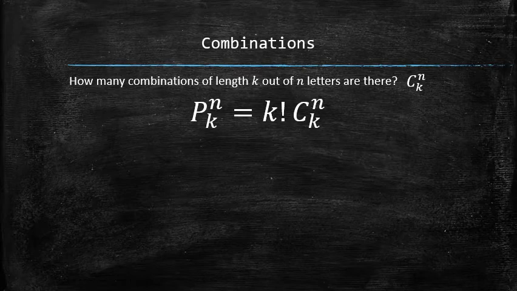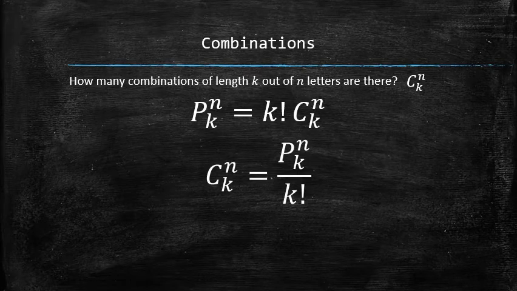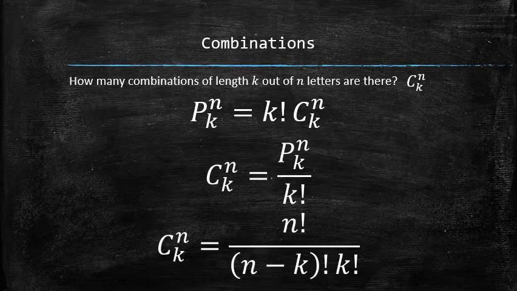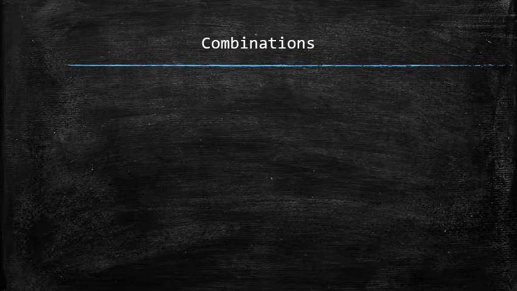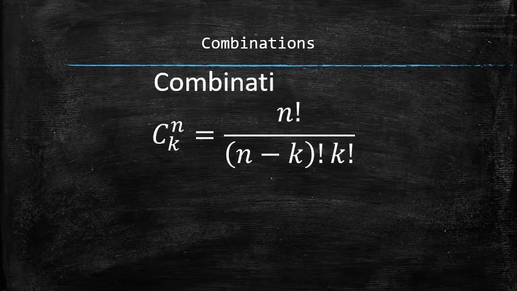Let's divide both sides by k factorial to get the following result. And now let's replace nPk with the expression from the permutation formula. As a result, we get the following formula for computing the number of combinations of size k out of n letters. We call this formula the combination rule.